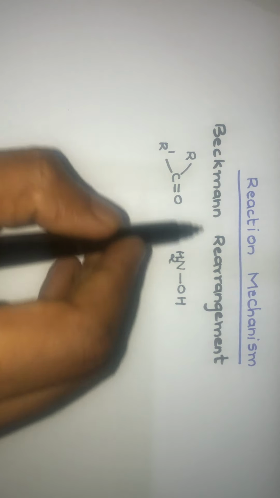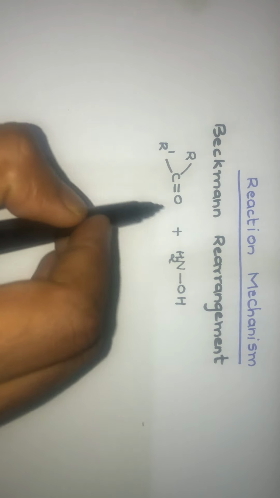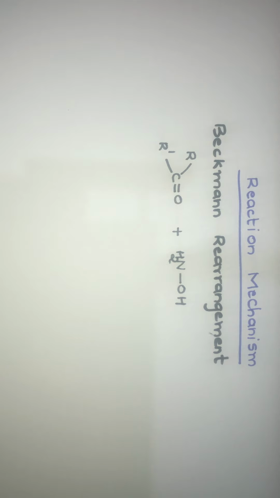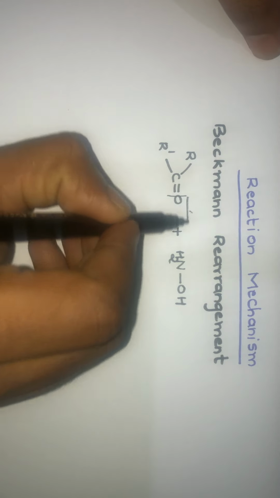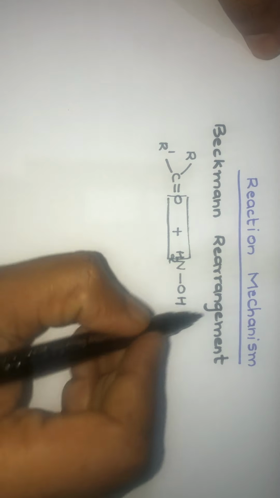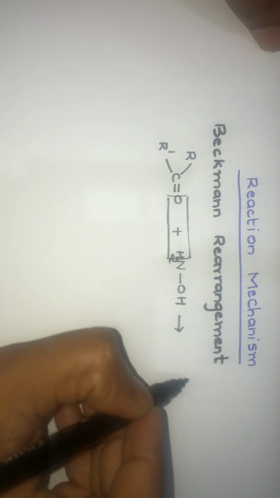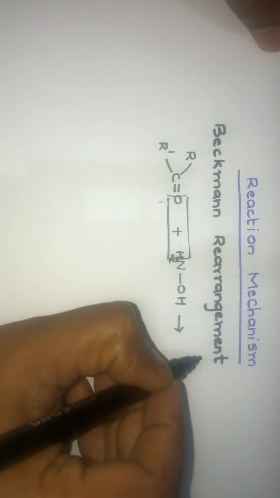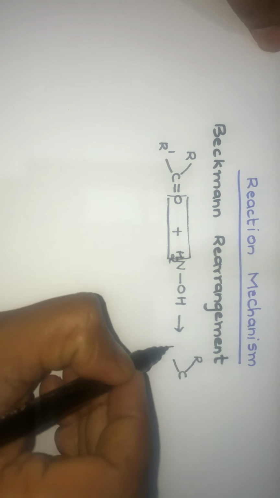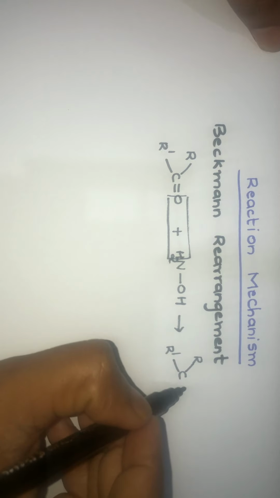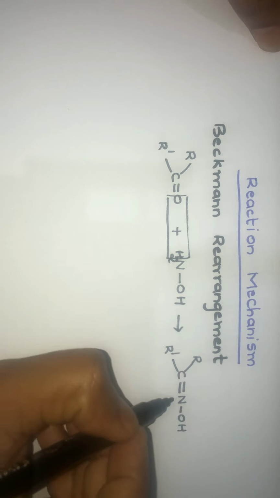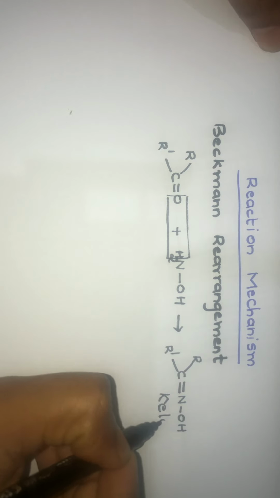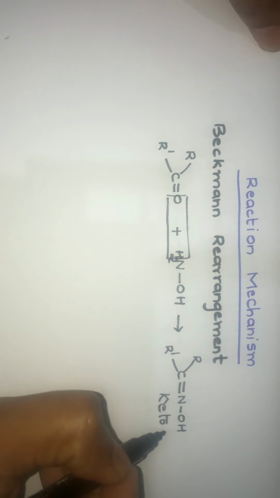That means they undergo a nucleophilic addition followed by elimination. So there will be a nucleophilic condensation reaction resulting in the formation of this compound, R dash. These compounds are called ketoximes.